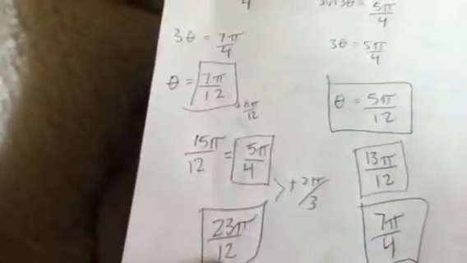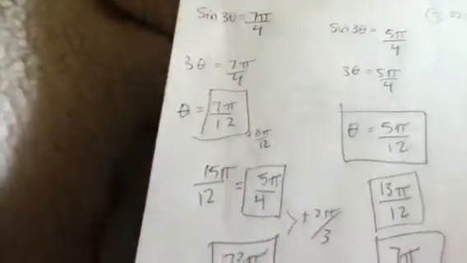So if you add 2 pi over 3, see, I had to do common denominator. 2 pi over 3 is 8 pi over 12. And then I reduced it, but then I got smart and I grabbed my calculator and I just continued adding 2 pi over 3 because that's 2 pi divided by 3. The 3 came from right there.